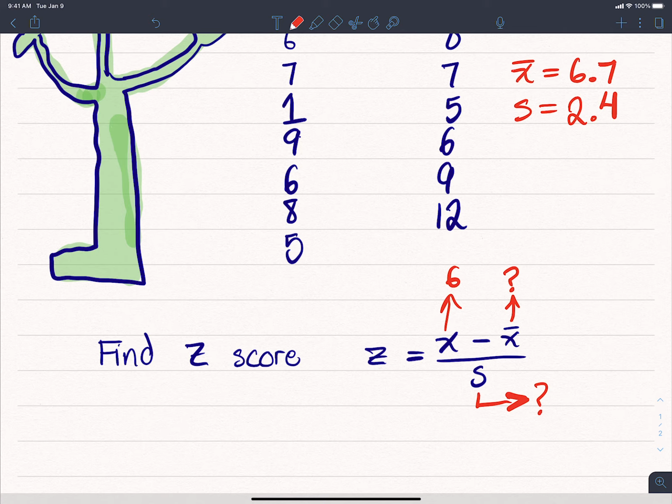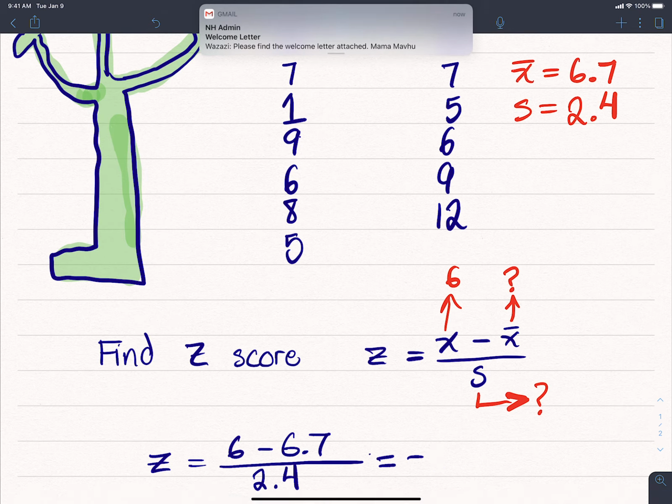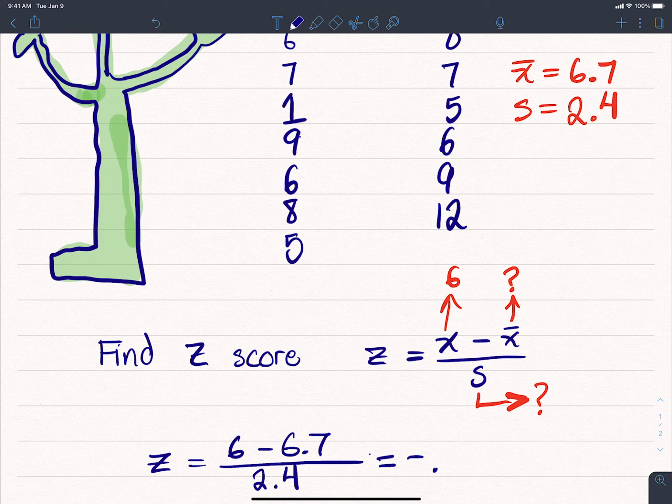So we have z equals 6 minus the mean, 6.7, divided by the standard deviation that we just found, 2.4. 6 minus 6.7 equals minus 0.7, divided by 2.4, and we get minus 0.29.